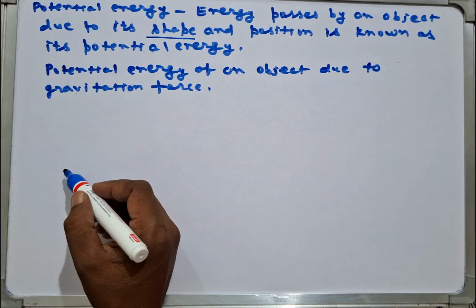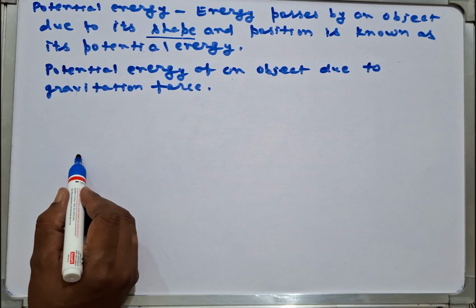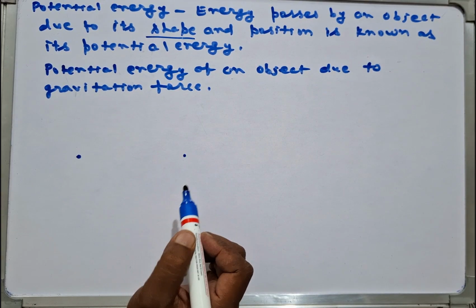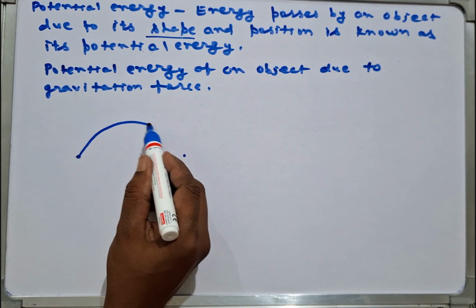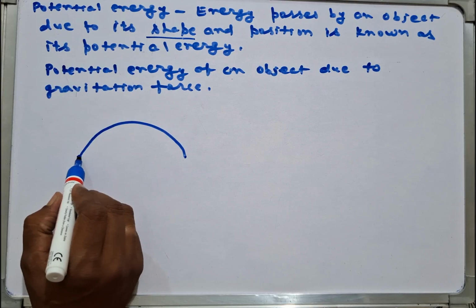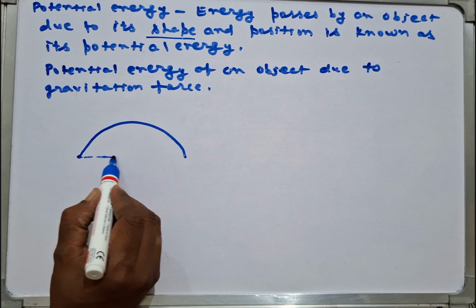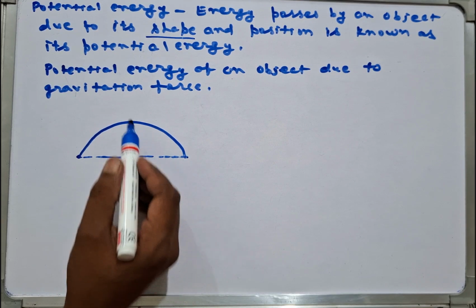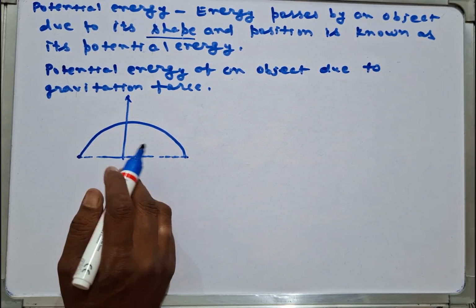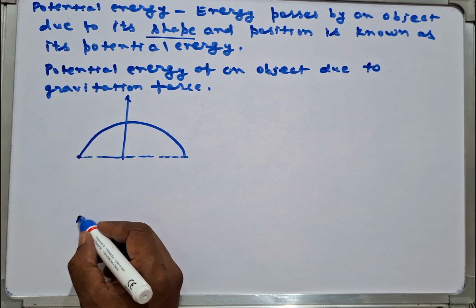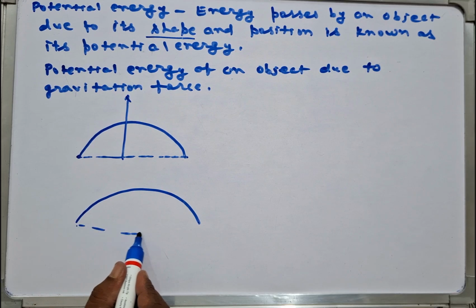Okay, now first you see how an object can possess energy due to its shape. Suppose you have one fixed point, and this is a second fixed point. Now this is a bow. Suppose you have made a thread on it, and now this one is an arrow. When you push this in the down direction, suppose the shape becomes this one.